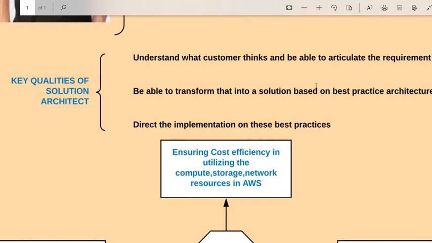And of course, during the implementation phase of the project, the person should be able to guide and implement, if required, on these best practices. So these are the three basic features of a solutions architect.